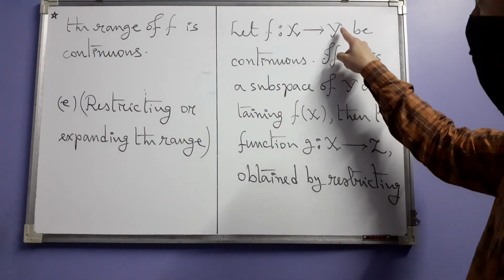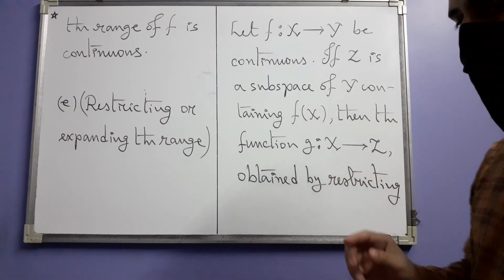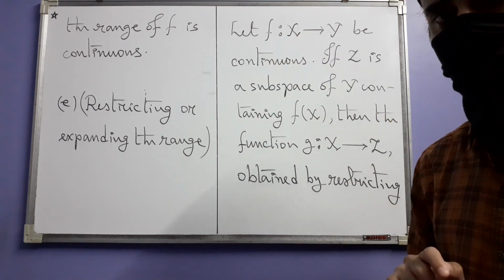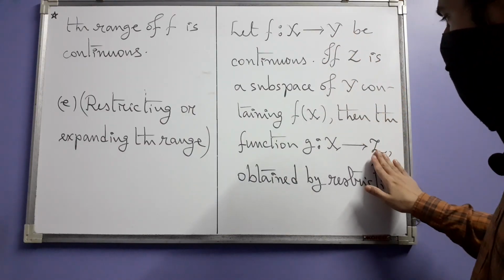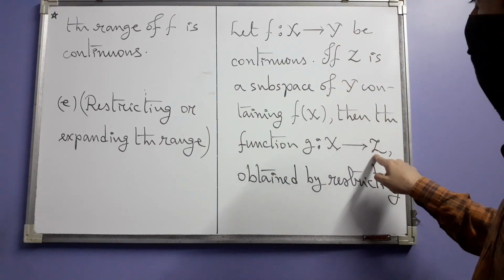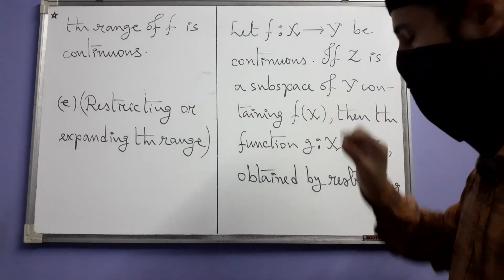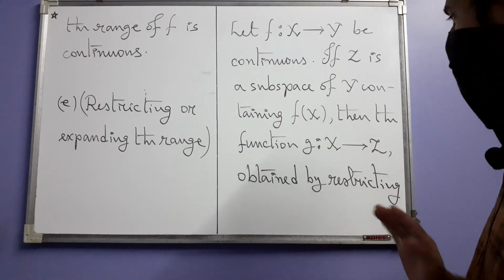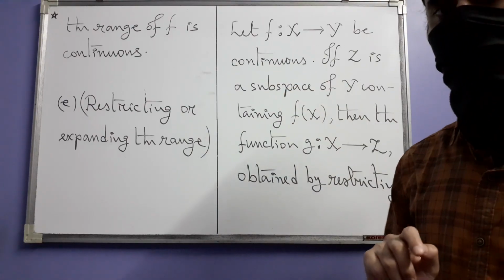So we replace the range Y with Z. So this function actually does not change the rule of assignment of f. It only changes the range from Y into Z. And we can do this and still we won't have any problem because Z contains f of X and so the outputs are already there in Z. The claim is that this function is also continuous.